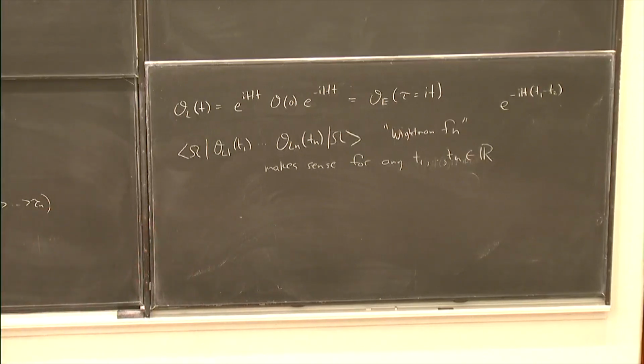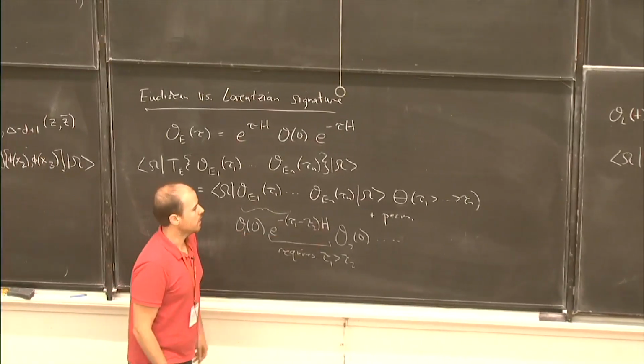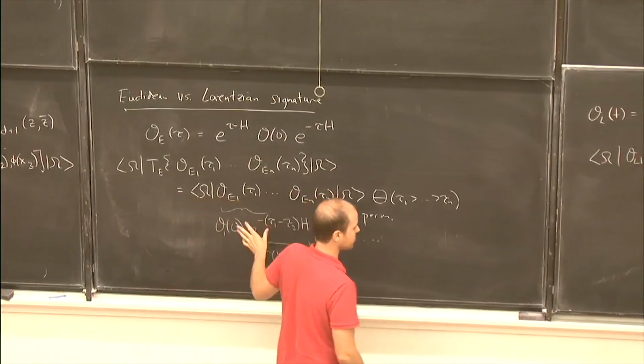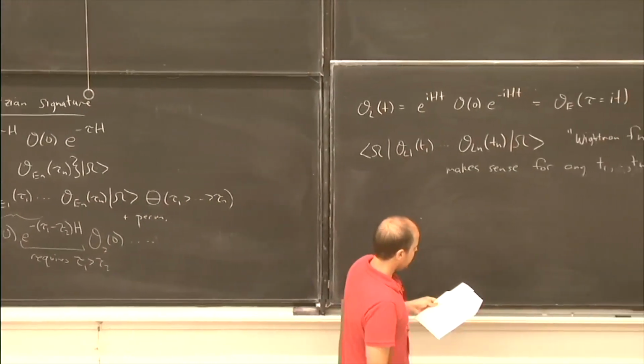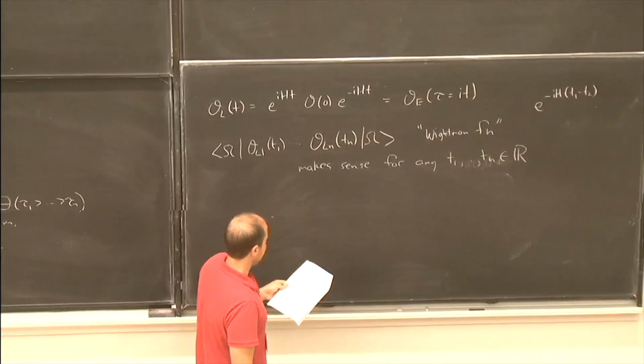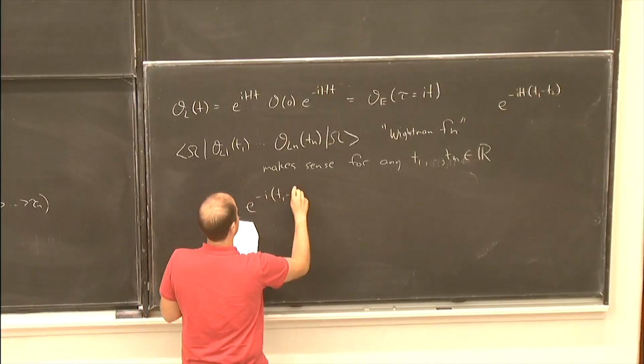OK, so the reason that the Euclidean time-ordered correlation functions made sense is that if the operators were in time order, then we get exponential damping of high-energy states. And so if we insert a complete set of states, the sums converge nicely. In this case, in Lorentzian signature, we have factors like e to the i(t1 minus t2).